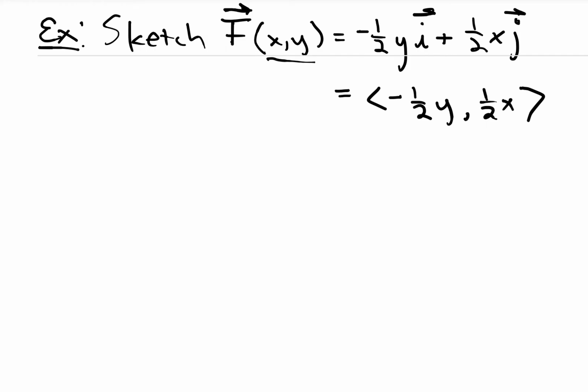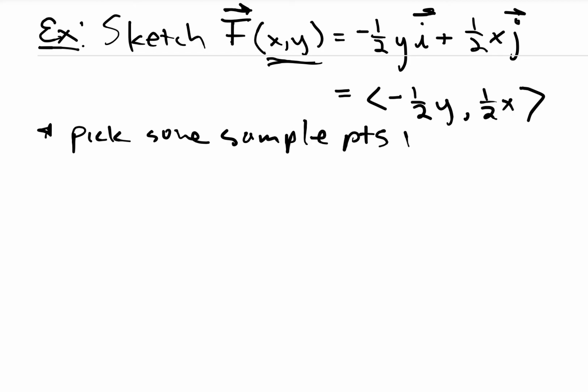Well, like I said, we want to start with a sampling of points in the domain. Now, I didn't really specify a domain here. It means that we get to take it to be basically all of R2, because we're dealing with 2D stuff. So I'm going to go ahead and just pick some sample points to evaluate at.